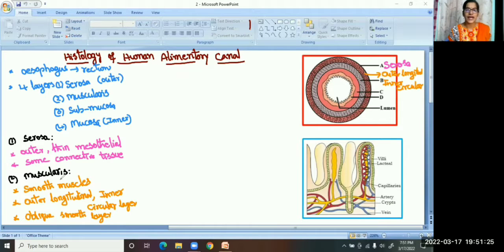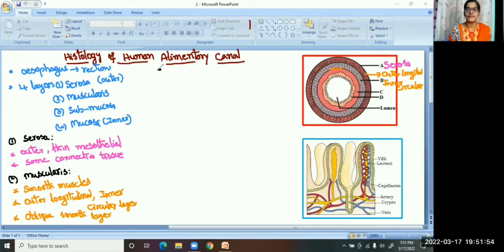So in the muscularis, smooth muscles are generally arranged in 2 layers, whereas in the stomach region, smooth muscles are arranged in 3 layers: outer longitudinal, inner circular, and another oblique muscle layer. So that is about the muscularis.